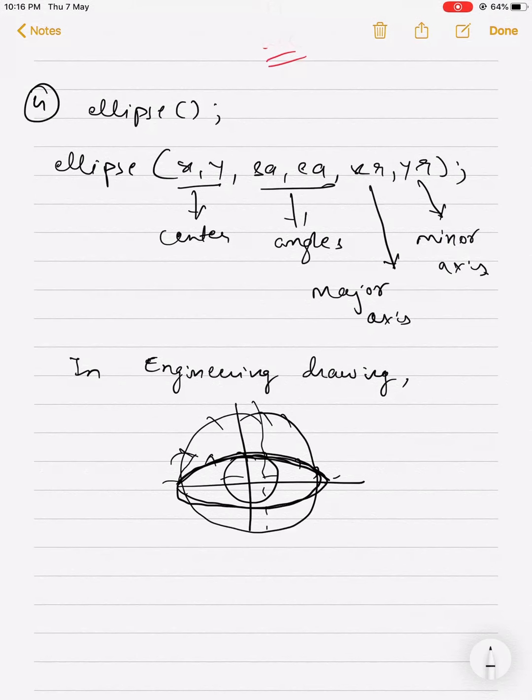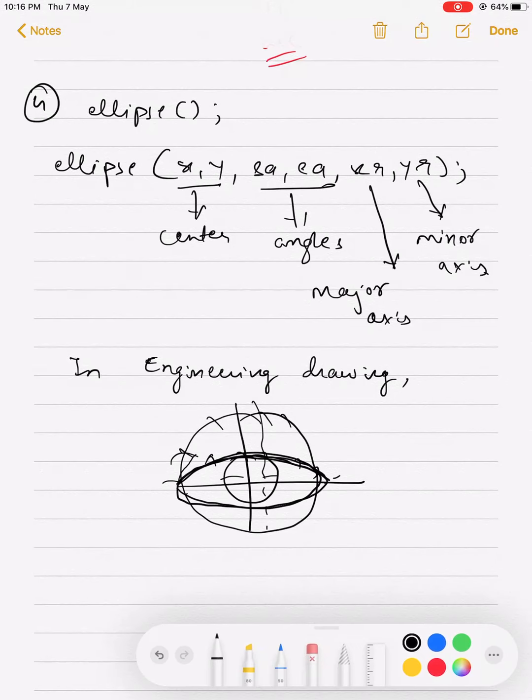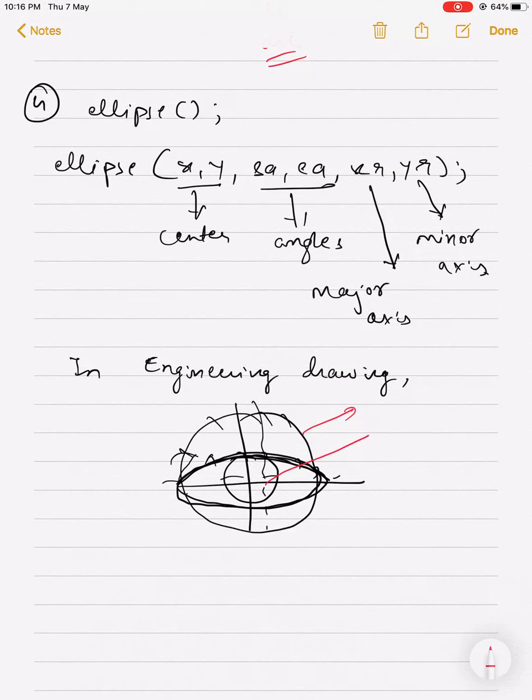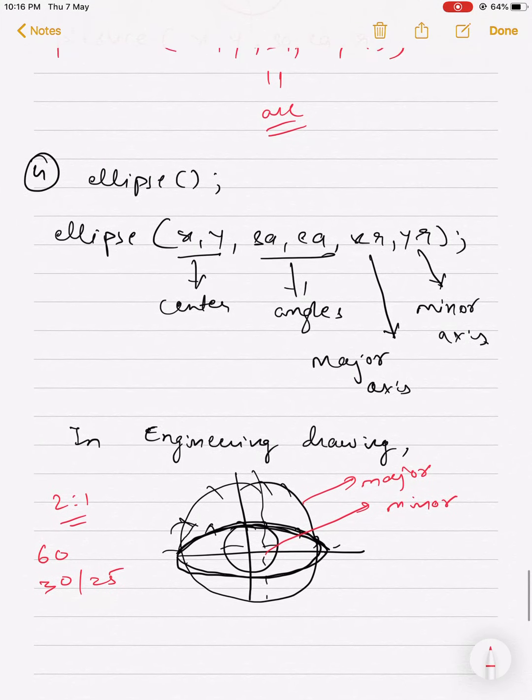Clear? So these two circles, this one and this one, are based on the major and minor axis. In most cases in an ellipse you take 2:1 as the major to minor axis ratio. So if you mention 60 as the major axis, the minor axis will be 30 or say 25, whatever you want to keep.